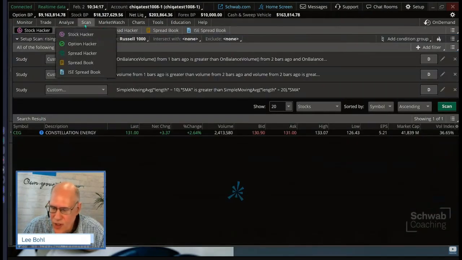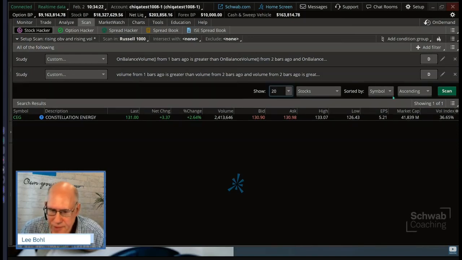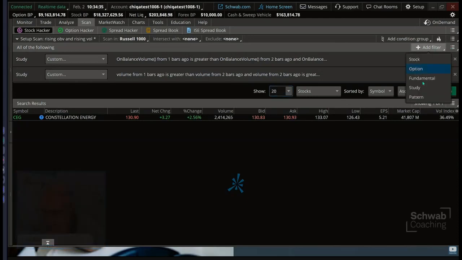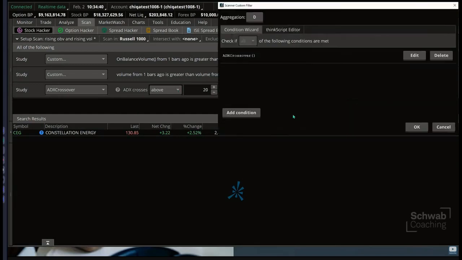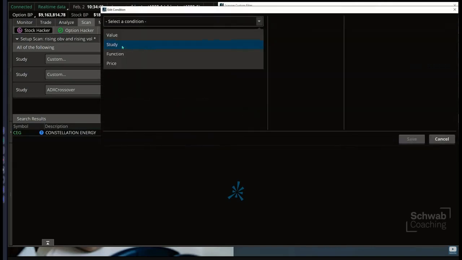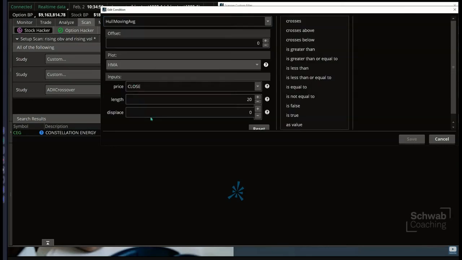So again, we'll start with this. We'll take this off. We still have our rising unbalanced volume, rising volume here. And then let's add a moving average cross and see what we get. This time we'll do the Hull for JB.